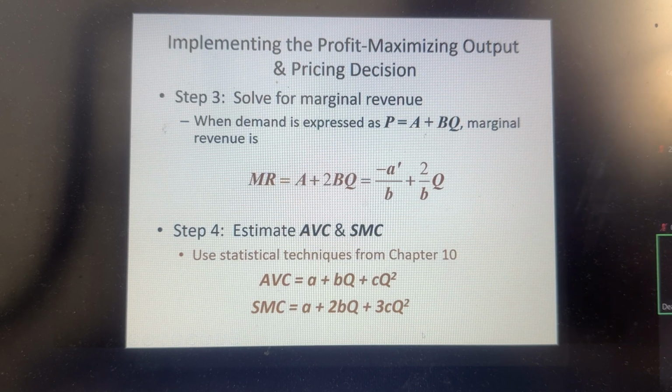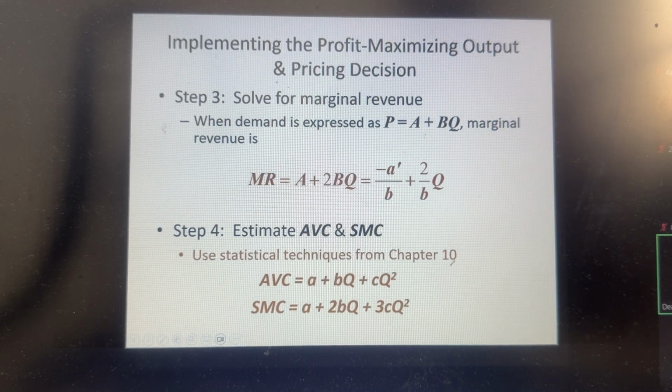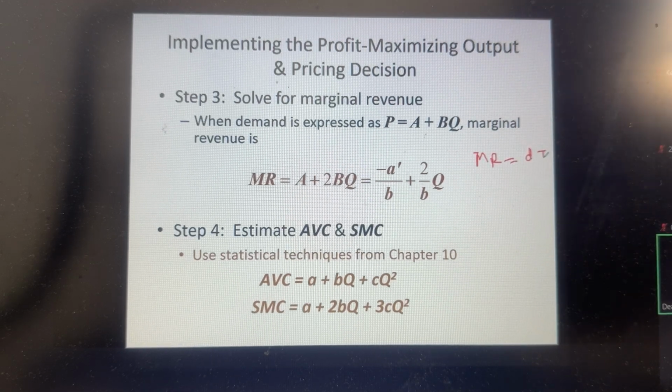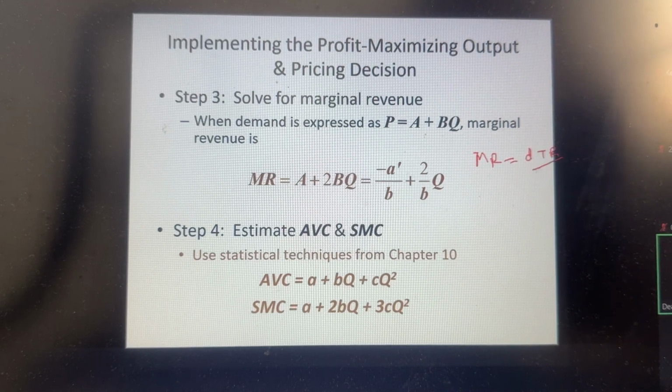Marginal revenue is, now, MR is the first derivative of TR with respect to Q, right?